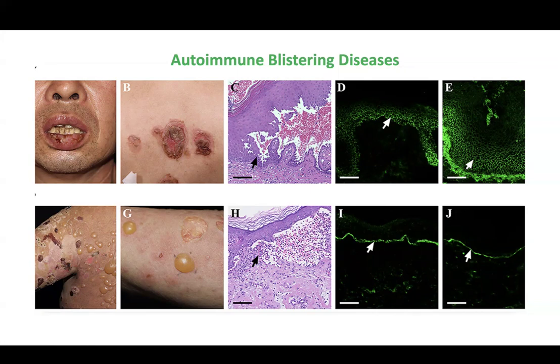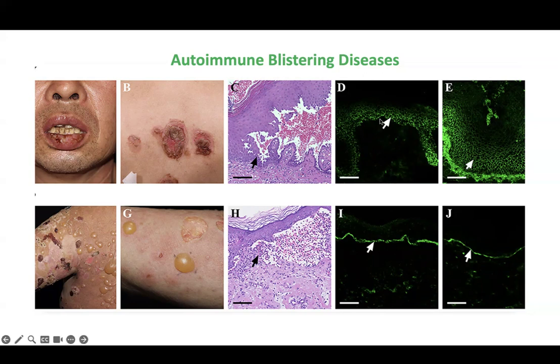We take a biopsy for H&E, as you can see in the picture in the middle, showing the separation in the epidermis. And we also send for direct immunofluorescence for depositions of immunoglobulins and complement to fully diagnose the patient with specific blistering diseases, because different depositions are associated with different diseases.